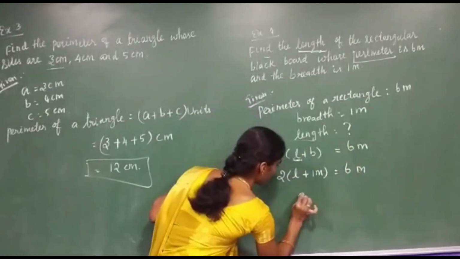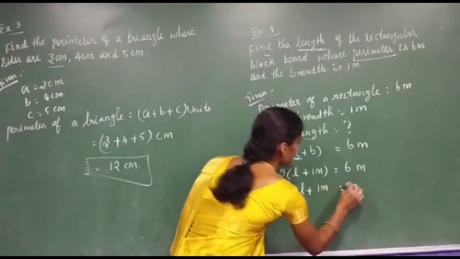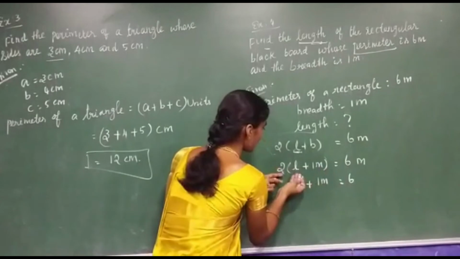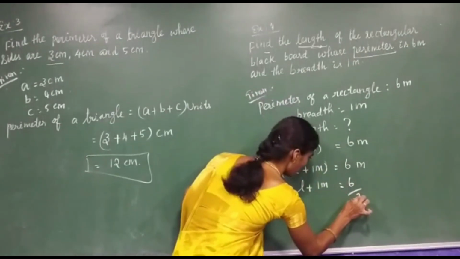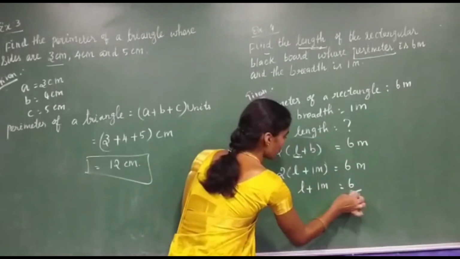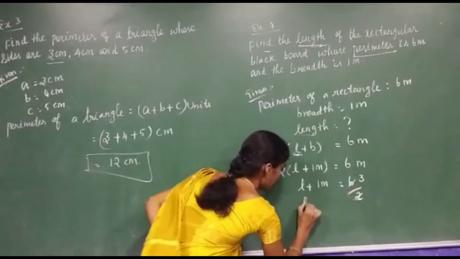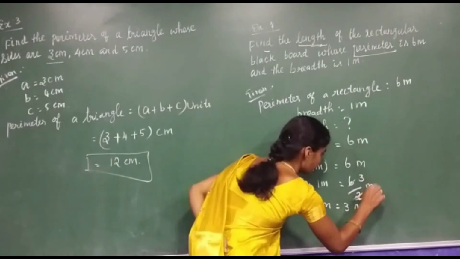Keep length plus 1 meter here. The 2 is a multiplication value, so when it goes to the equal side, it is divided. So 6 by 2 is 3, since 3 2s are 6. So length plus 1 meter equal to 3 meter.